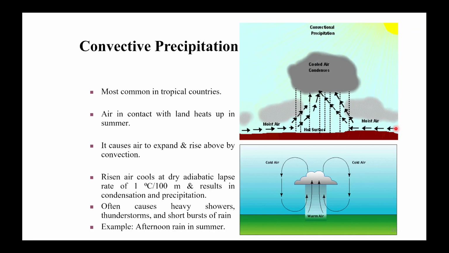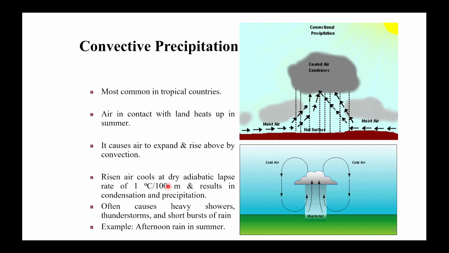Correct? Then, as we know, warm air is always lighter in density than cold air. Cold air is denser, warm air is lighter. The light air will always rise above and the denser air will stay towards the ground. As the warm air rises, to what extent will it rise?